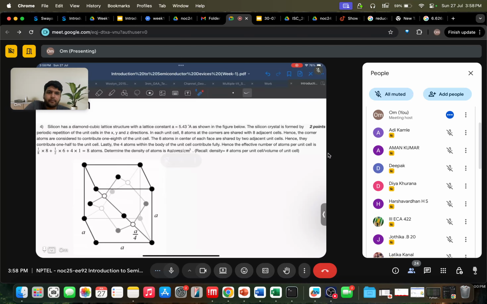The silicon crystal is formed by periodic repetition of unit cells in the XYZ direction. So this is a unit cell.